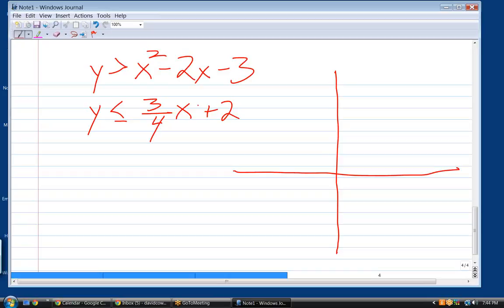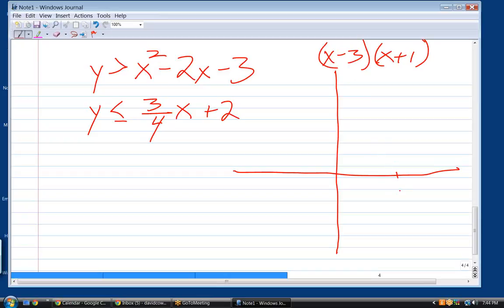Okay? So to plot that quadratic, well, if I factor that, I can see that it's x minus 3 times x plus 1. Well, x minus 3 times x plus 1 is a quadratic that has these as intercepts, 3 and negative 1.